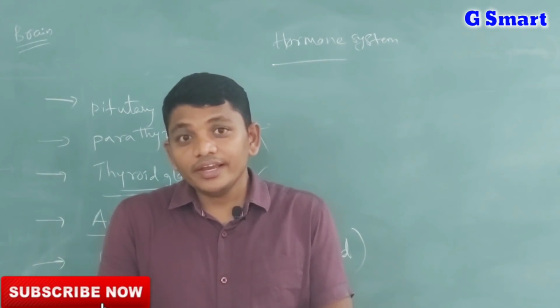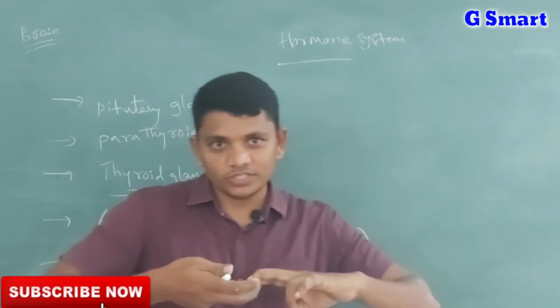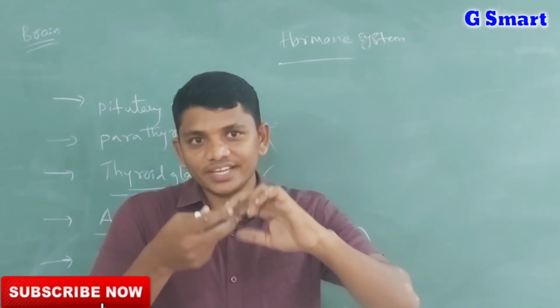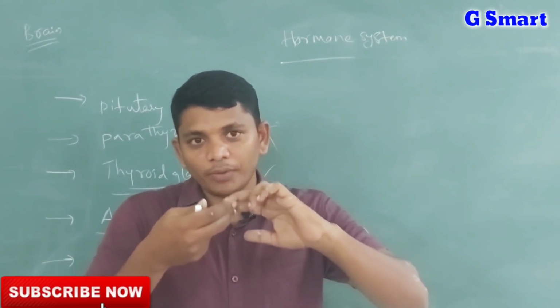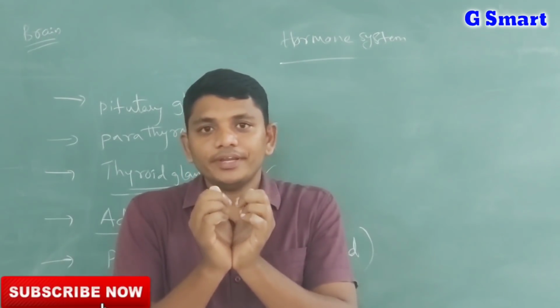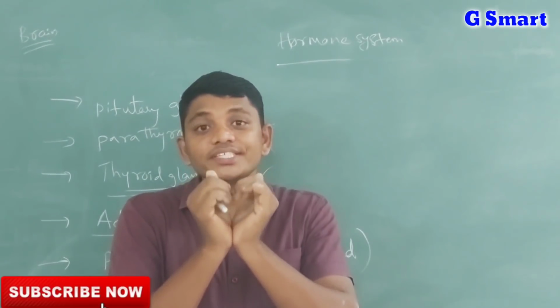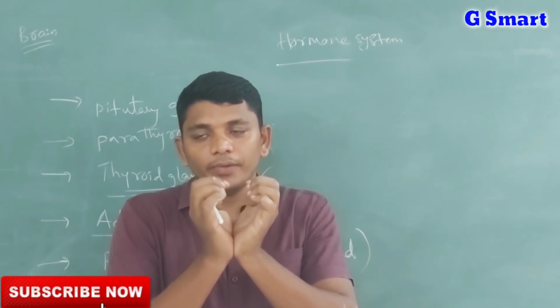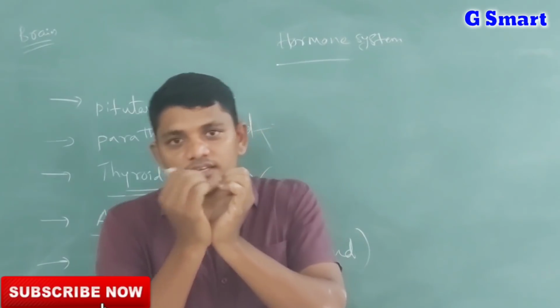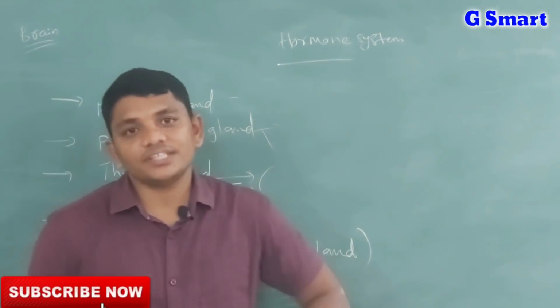That is why it is connected with both the digestive system and the hormone system. It secretes two types of chemical materials: one is enzyme, another is hormone. That is why the pancreas is called a mixed gland.